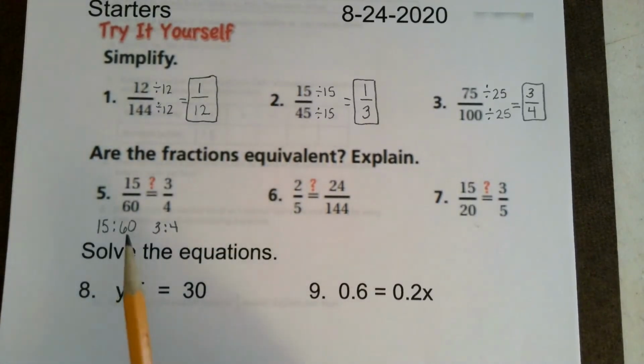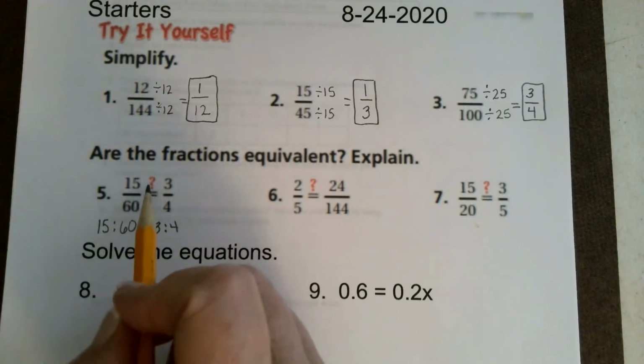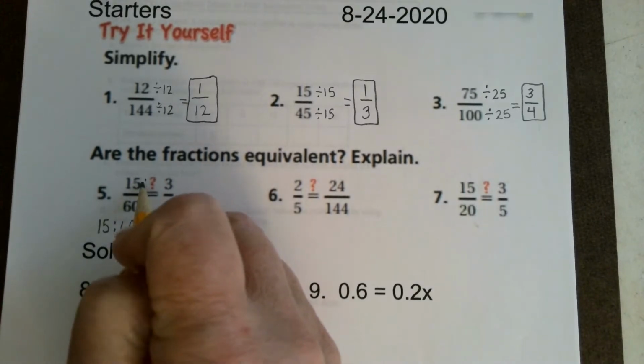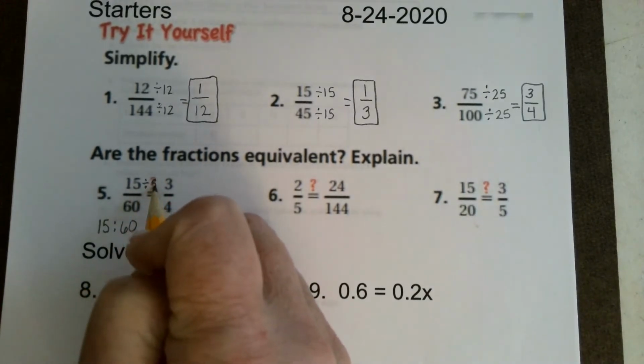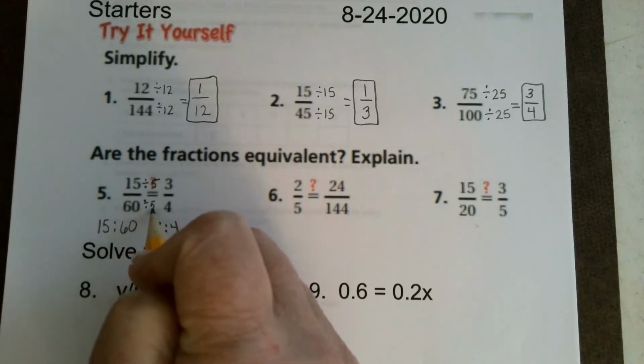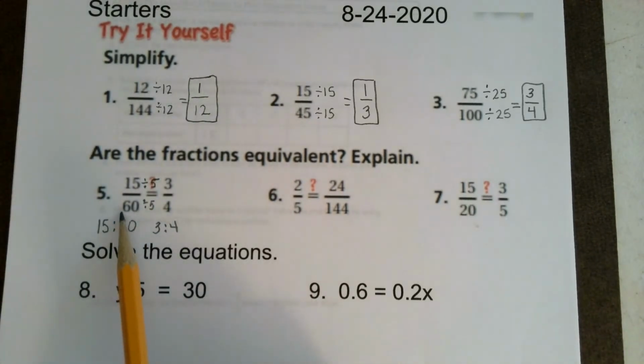If you see that they're written with a colon, just write them as fractions. And then to get from 15 to 3, we divide by 5. And when we divide 60 by 5, it does not equal 4. Therefore, those two are not equivalent.